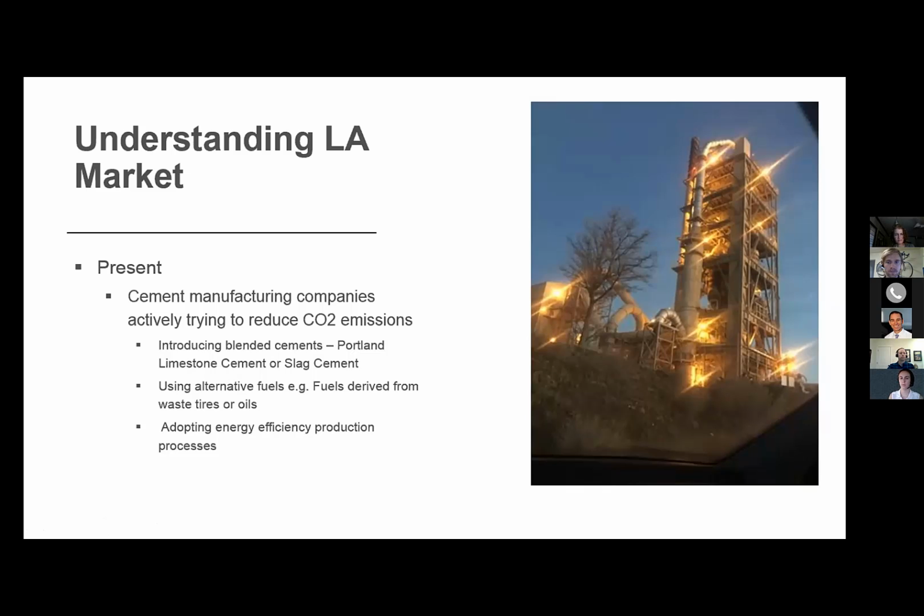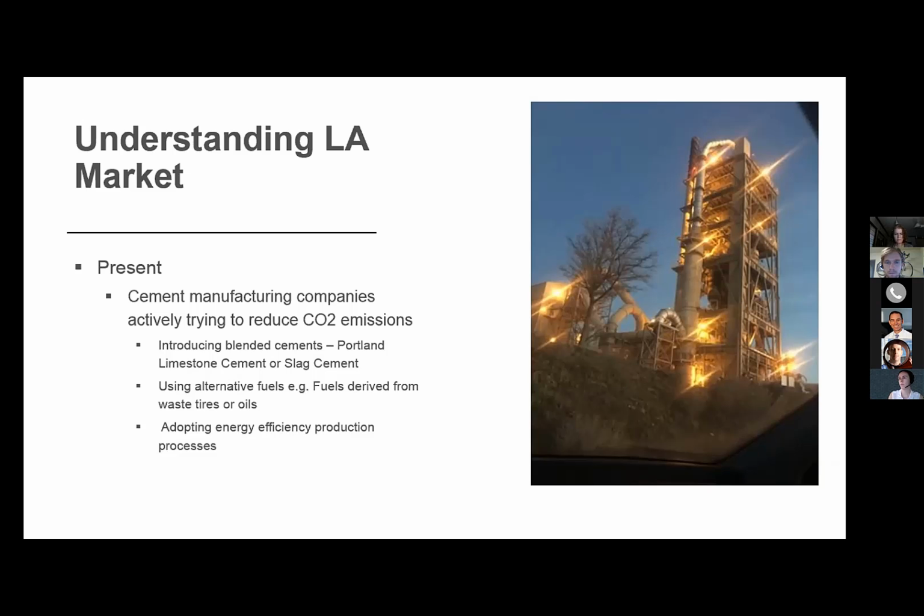Locally, us and other cement manufacturers are starting to produce PLC or 1L13, which is a limestone blended cement. So essentially, when we burn limestone, it has embodied CO2 that's released during that operation.